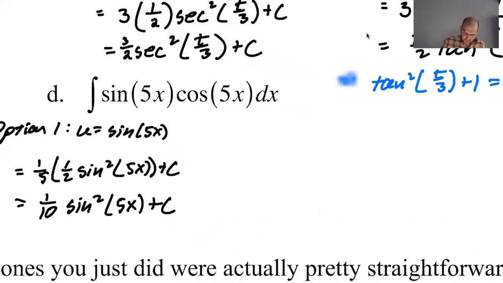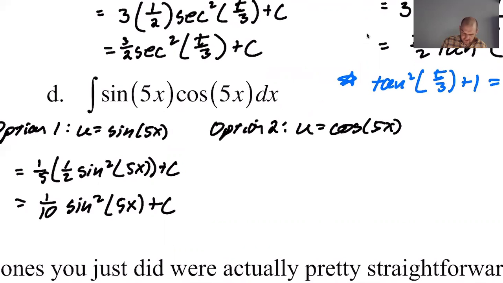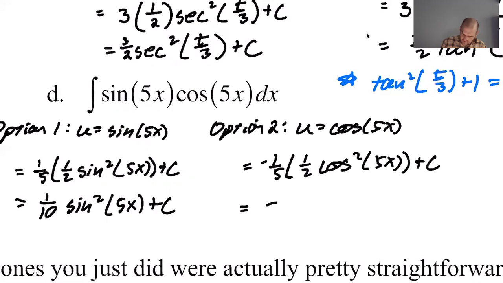That's option 1. Option 2: we're going to let u equal cosine of 5x, which I would pretty much never choose on my own because it introduces negative signs. So then du is -5 sine of 5x, so we need a -1/5, but then we just get 1/2 cosine squared of 5x plus c, so -1/10 cosine squared of 5x plus c.